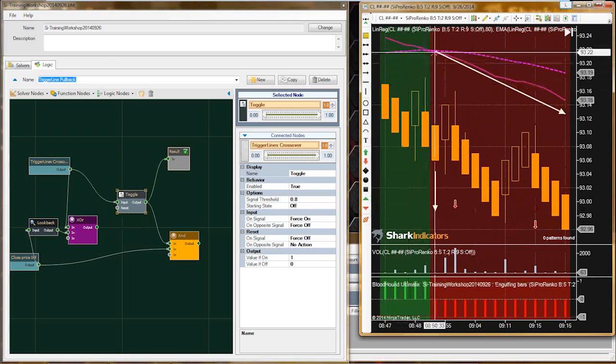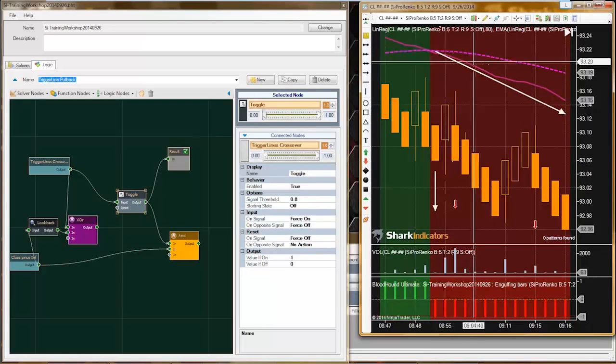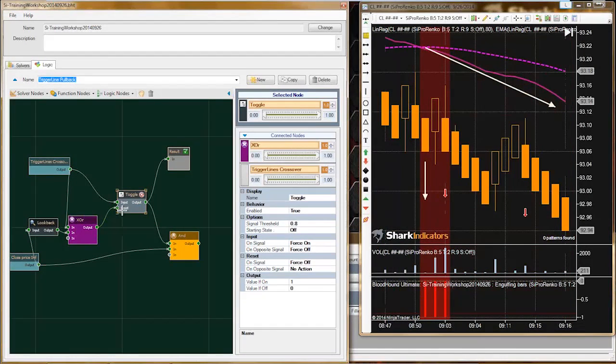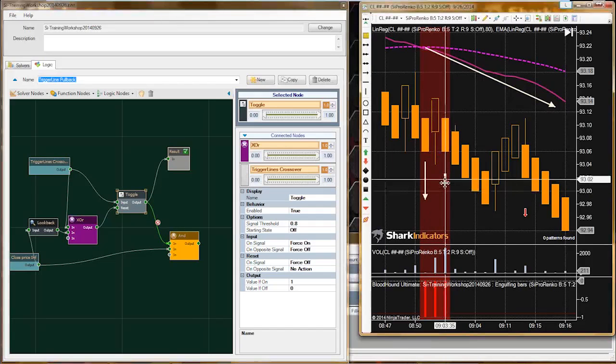We got our moving averages crossed each other, so we're in a short state here. And now if we take our signals from the XOR into the reset, our toggle node is staying on at least for 3 bars until we actually get our pullback. We got a little bit of chop right here, so we got like a 1 bar pullback right after the crossover and then a down state.